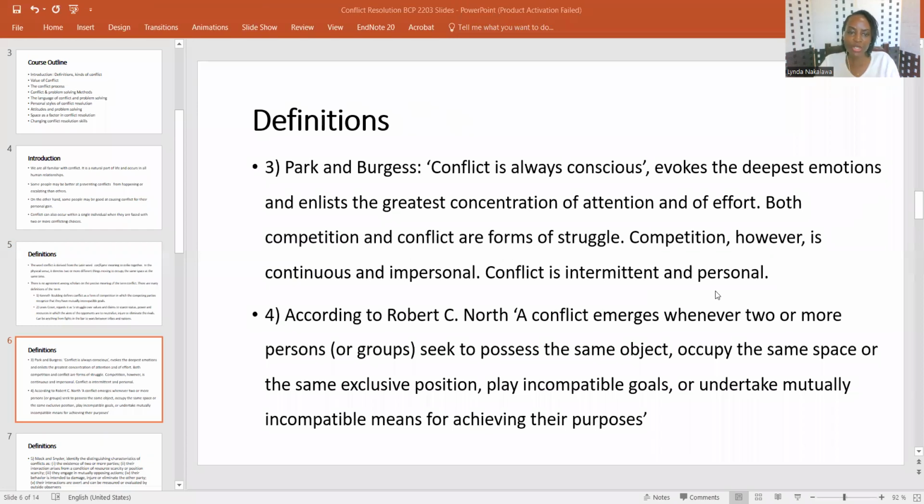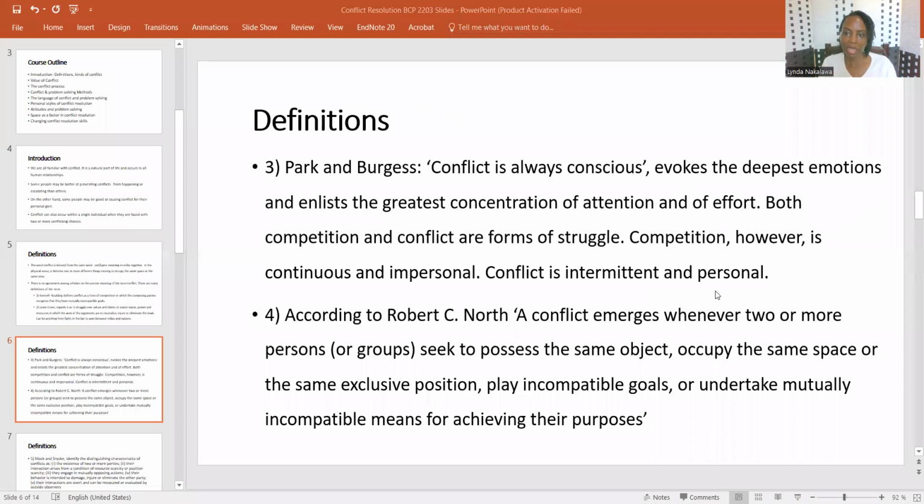Okay, so let's continue with the definitions. There are quite a number actually. So we have Park and Burgess, who say that conflict is always conscious. Conscious is what you have in your mind that you also know is in your mind, what you are aware of. The opposite of conscious is subconscious.